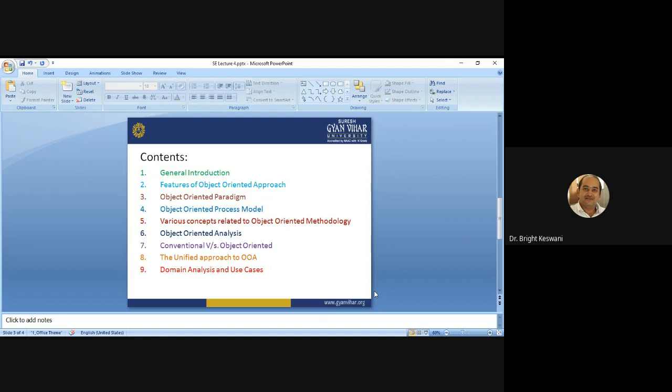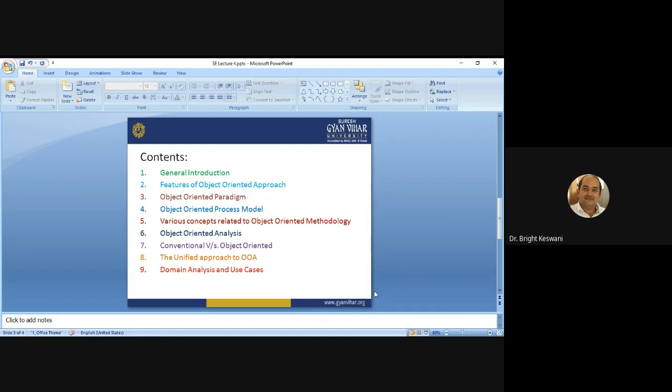Second, in the conventional method, system behavior is given a secondary role. On the contrary, this is of prime importance in the object oriented approach. And thirdly, the partitioning of data flow diagrams is very important in the conventional way.